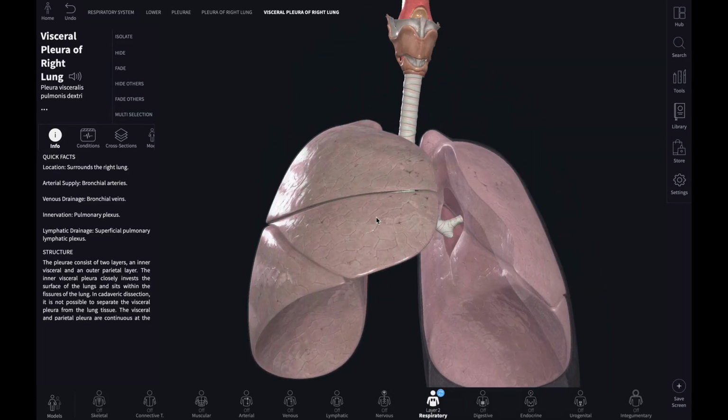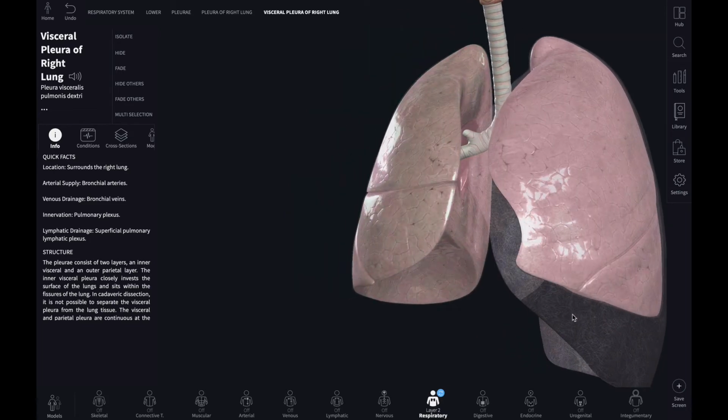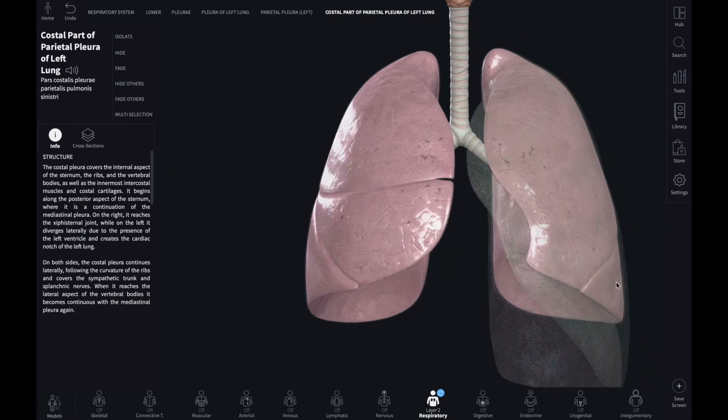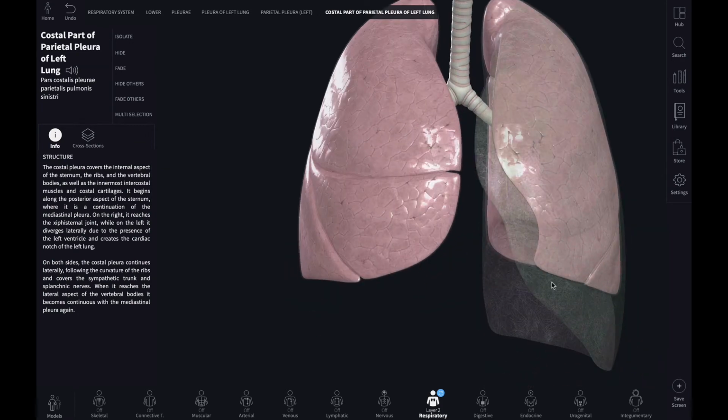In between the parietal and the visceral pleura, you have the pleural space. The parietal pleura is like a serous membrane, and it secretes pleural fluid.